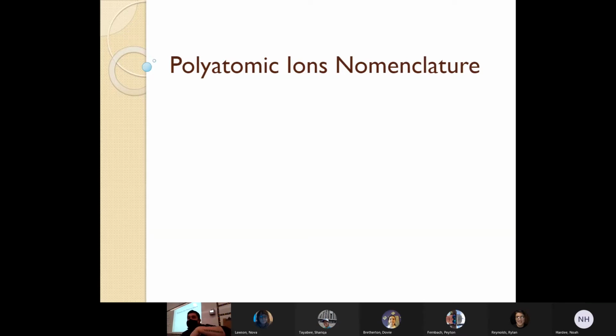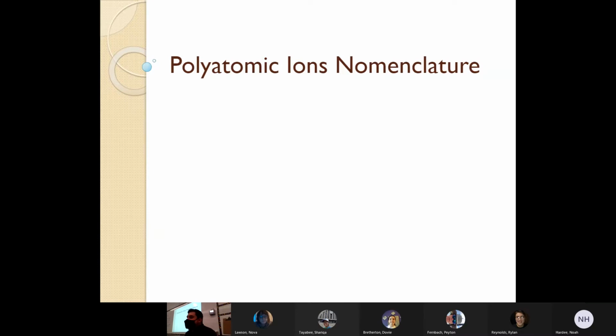If it is a negative ion, called an anion, that means it gained electrons and became negatively charged. So when we're talking about polyatomic ions, we're talking about charged particles, positive or negative, but this time they have more than one atom.